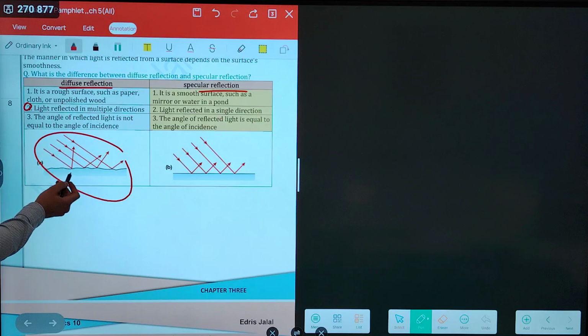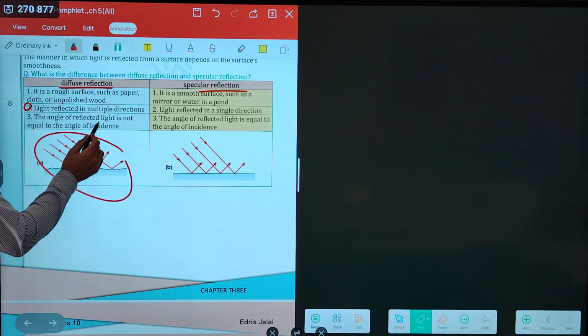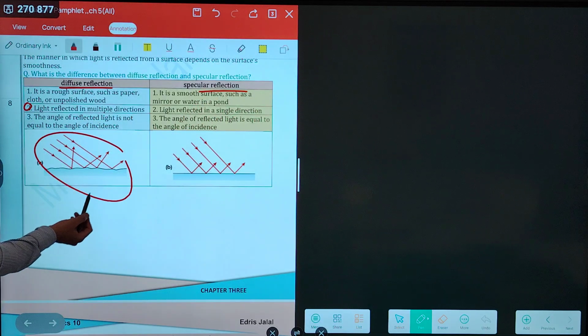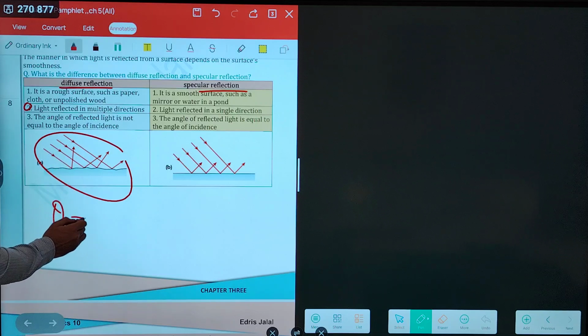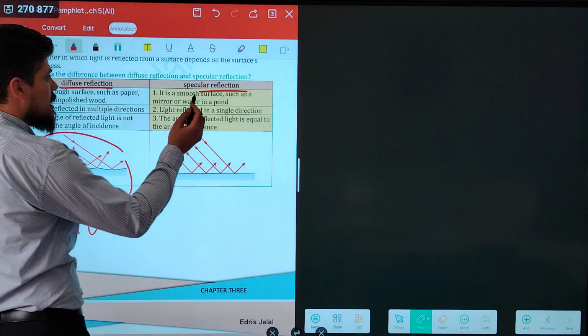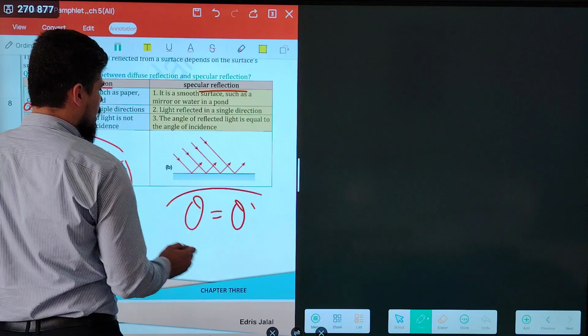In diffuse reflection, the light is reflected in multiple directions, multiple angles, but in specular reflection, all of it reflects in the same direction. In diffuse reflection, the angle of reflected light is not equal to the angle of incident light, so theta is not equal to theta prime. Theta is the angle of incoming light, and theta prime is the angle of reflected light. But in specular reflection, theta is equal to theta prime.